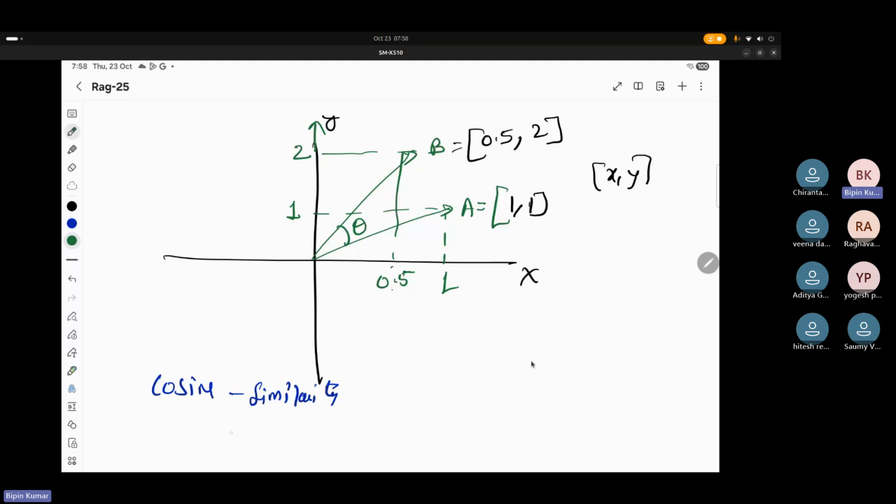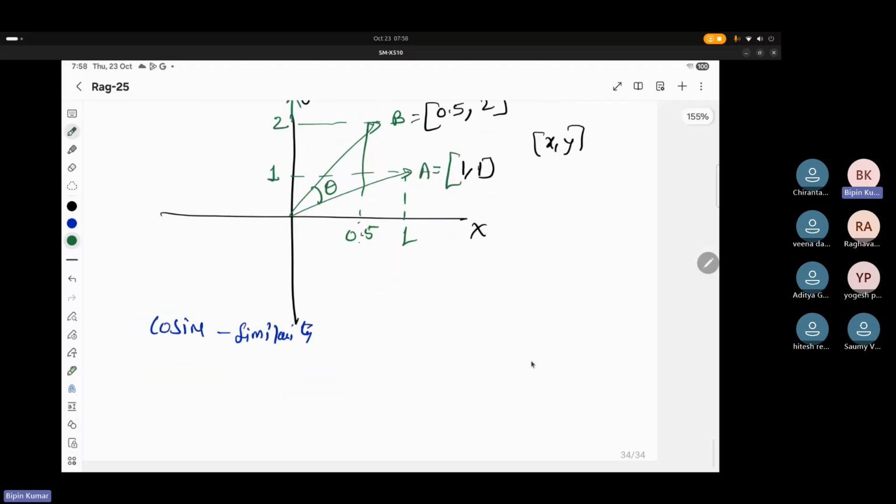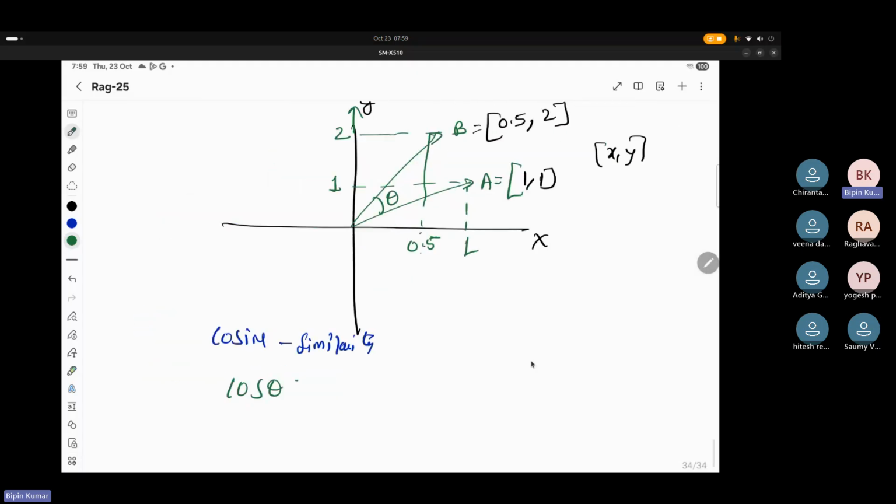So for cosine similarity, if I talk about the formula, cos theta will be a dot b, where generally a vector we represent with an arrow on top. Then there is a norm 2, which I will break down further.